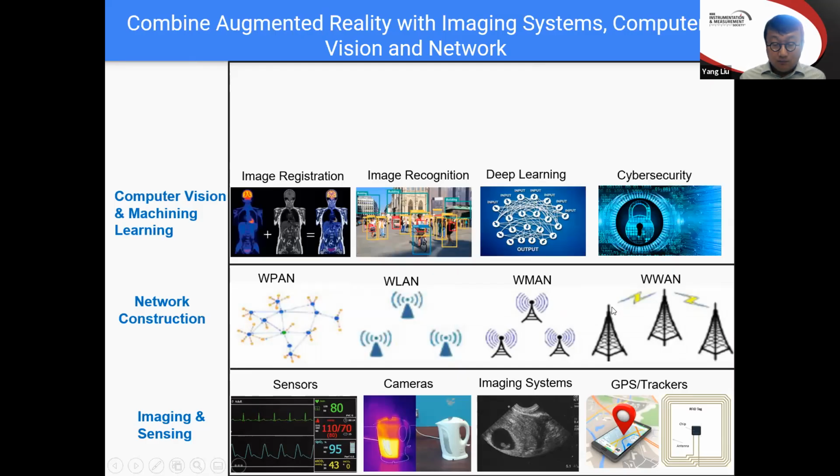And with more than one image sensor and multiple cameras, now you can use those data and use computer vision to do a lot of very interesting tasks, such as image registration, which is alignment of two different images, and image recognition. You can use neural networks for deep learning.